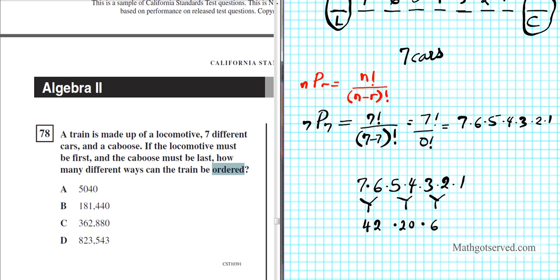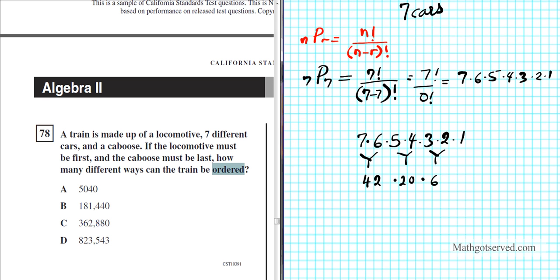So what is the easiest way to multiply these numbers? How about we multiply these first two first? 42 times 20, you just double this and add a 0 behind it.